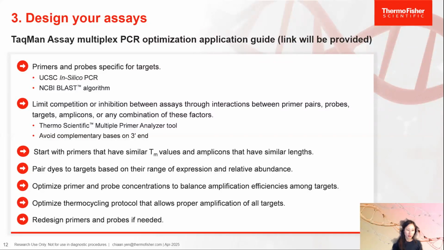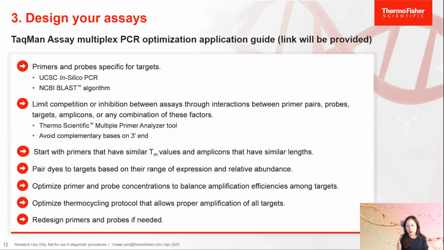If you have a target of lower abundance, you would ideally pair it with a brighter dye to ensure that you can still pick it up in a multiplex scenario. And if you are not sure of the relative expression level, for example for gene expression targets, there are databases online that allow you to look up, for example in a specific tissue type, the relative expression of the target.